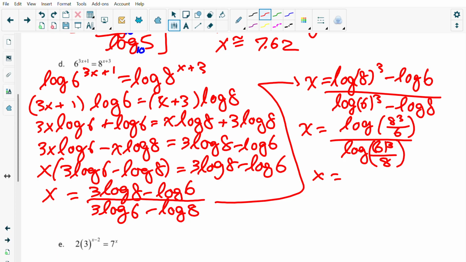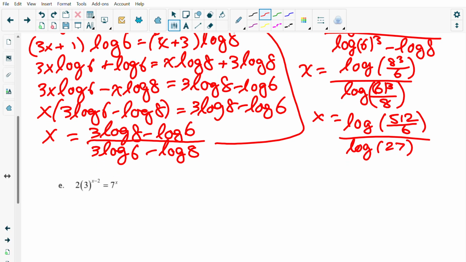Okay, let's continue. 8 cubed is 512, divided by 6. Well, I'm going to get a decimal, so I'm going to leave it as log of 512 divided by 6, over log of 6 cubed divided by 8. 216 divided by 8 is actually 27. So it's 27 in the denominator.